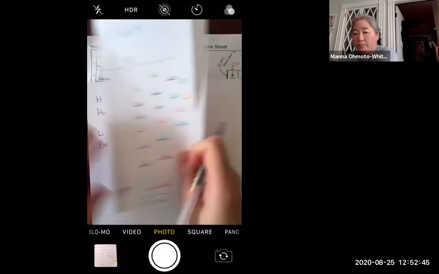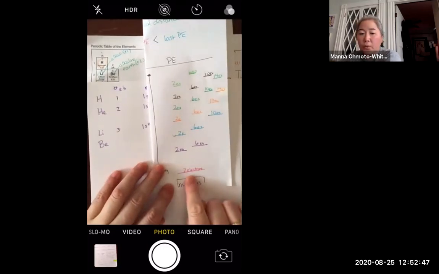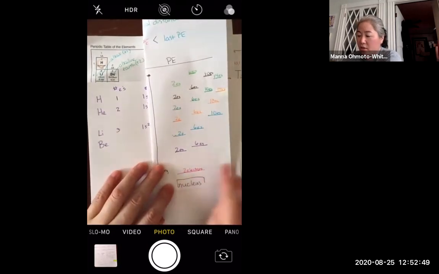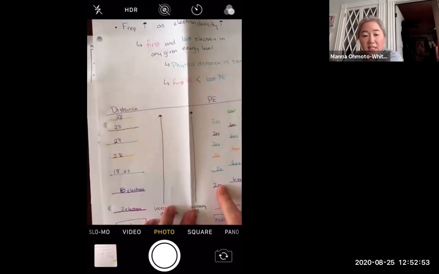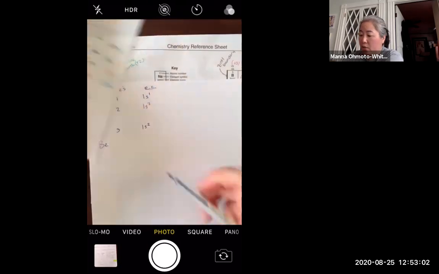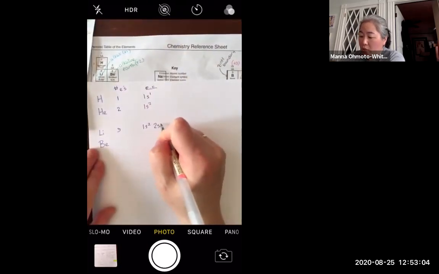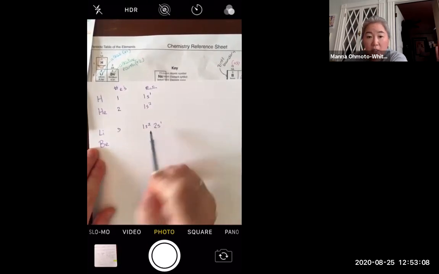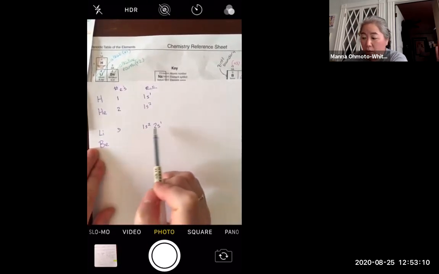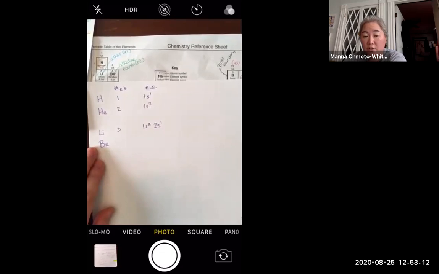But remember that the first energy level can only contain 2 electrons. So now that third electron will have to go to the next energy level, and it will want to occupy an S orbital rather than a P orbital, right? So 2s1. You'll notice that the superscripts, if I add them up, will equal the total number of electrons.